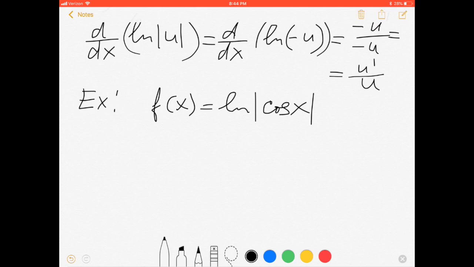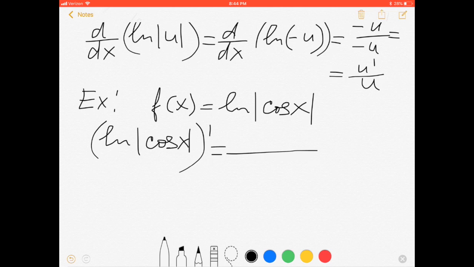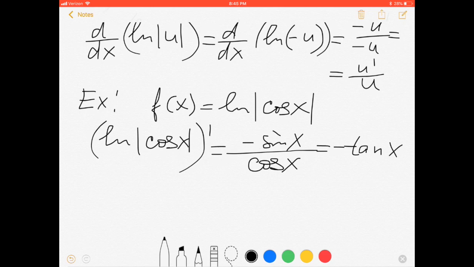This means the derivative will be: the denominator is what we have inside without any absolute value, cosine x, and the numerator is its derivative, which is minus sine x. It will be negative tangent x. That's it.